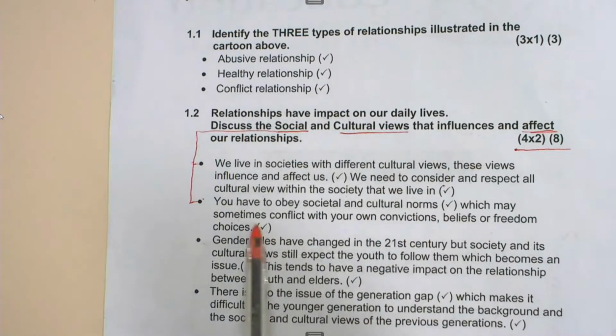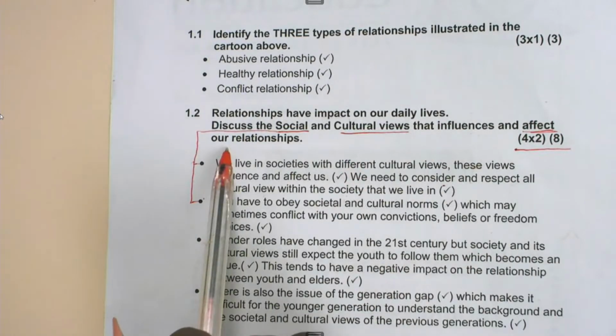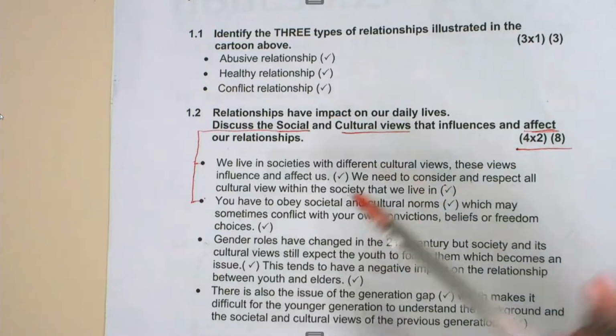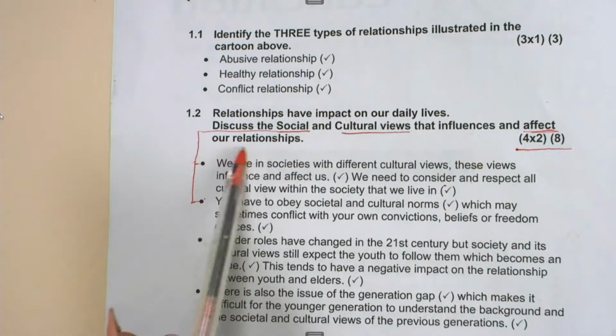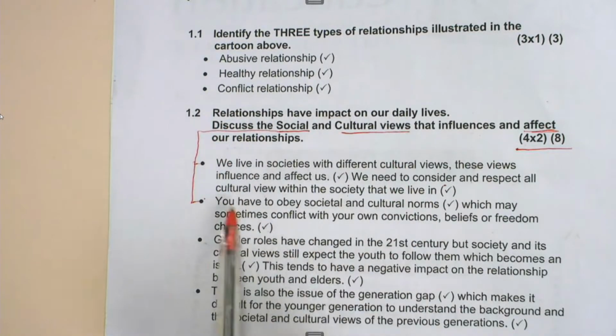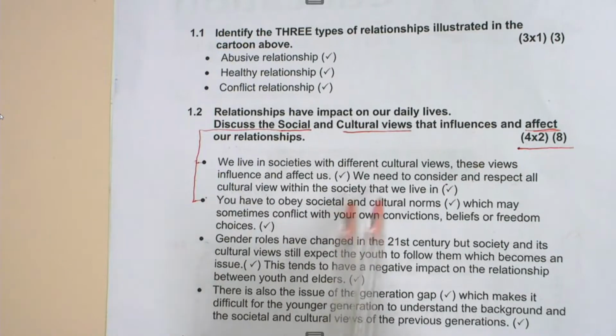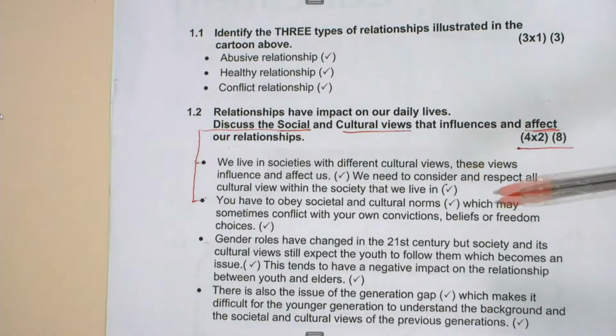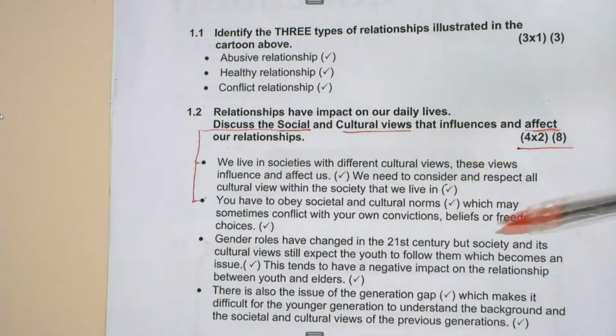It means this affects the relationship. If we obey the societal and cultural norms, that is the influence it will have in the relationship. If you don't obey the societal and cultural norms, it will also affect the relationship, which may sometimes conflict with your own convictions, beliefs, or freedom of choice.